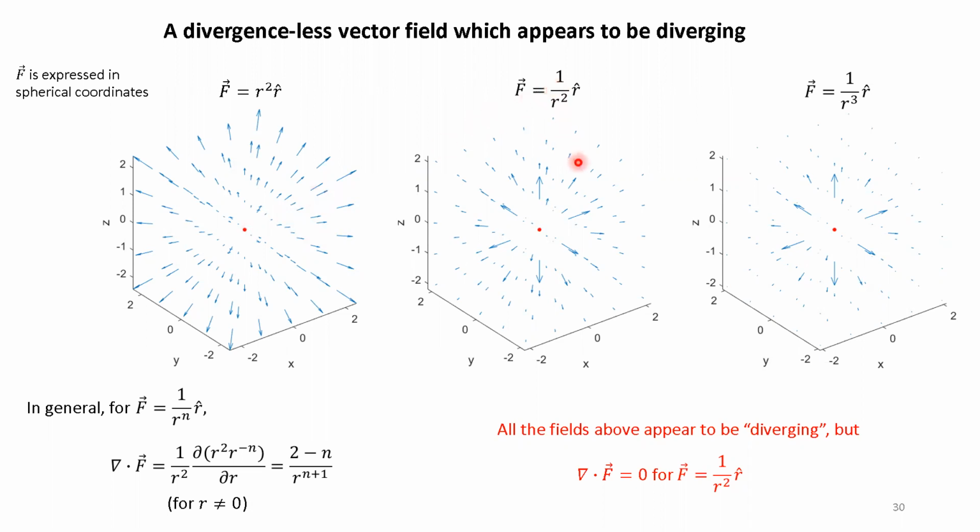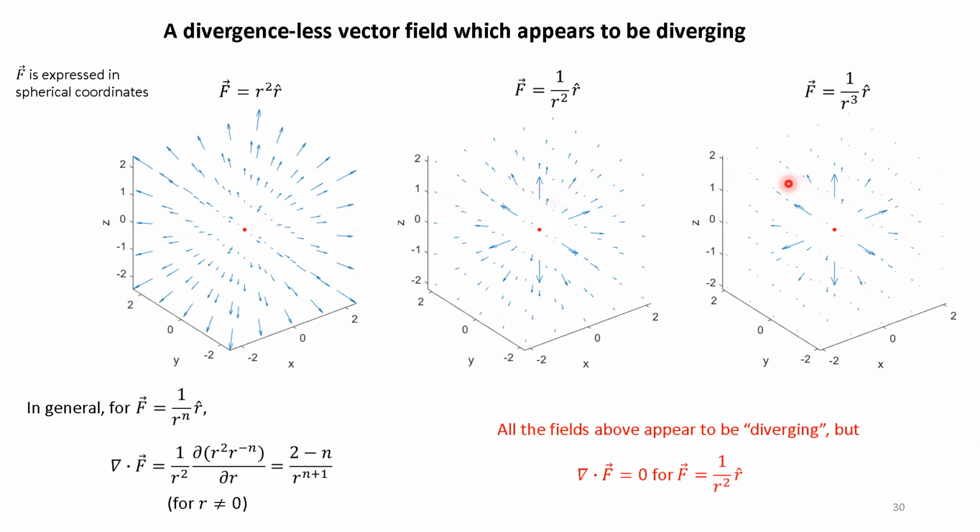In this case it is the other way: because of the 1 over r squared dependence, as you get further away from the origin, the magnitude of the vector is getting smaller and smaller. This one decays even more rapidly because of the 1 over r cubed. But regardless, for all these three cases, I want to calculate the divergence of the vector field.